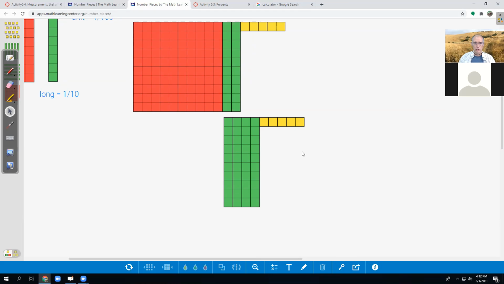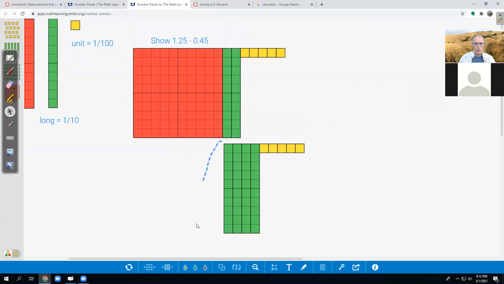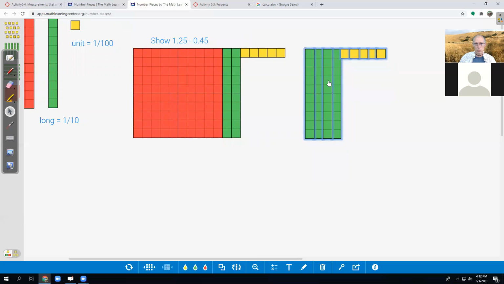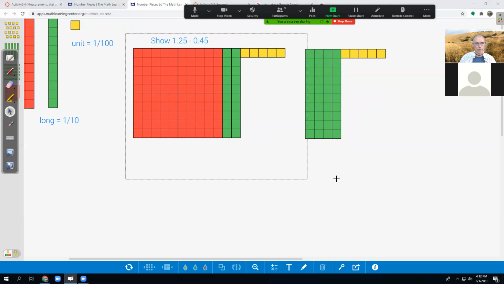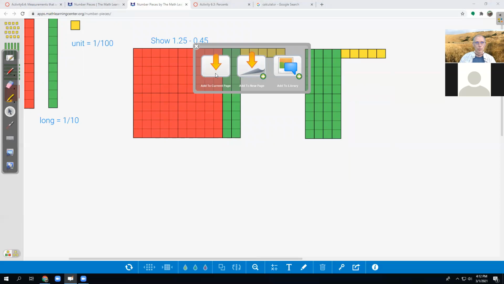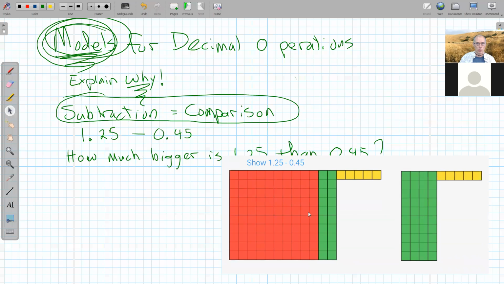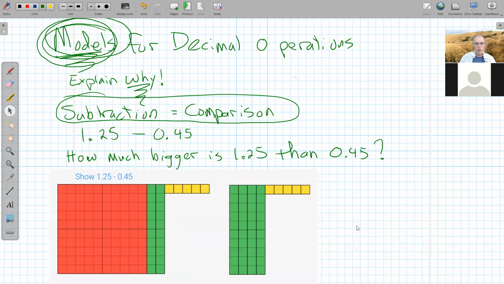Let's copy this to draw on it a little bit and put these next to each other. I have a problem here in the comparison.